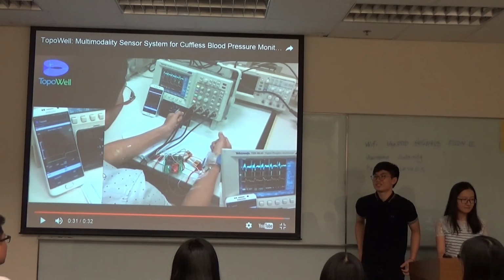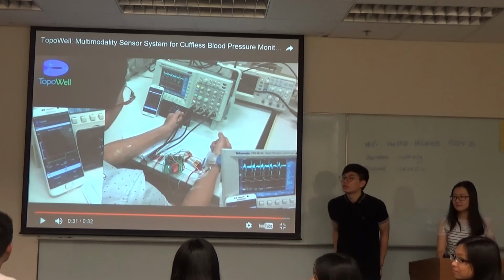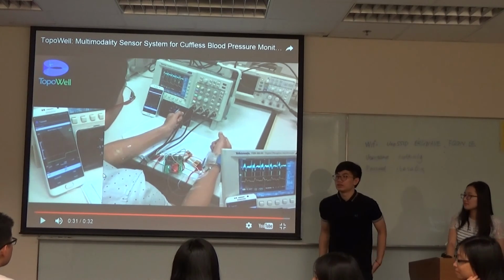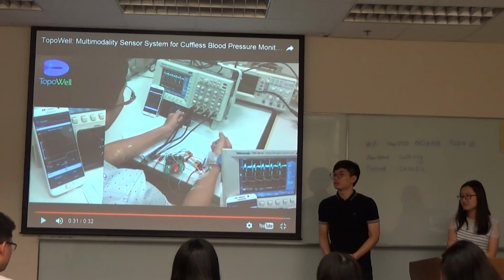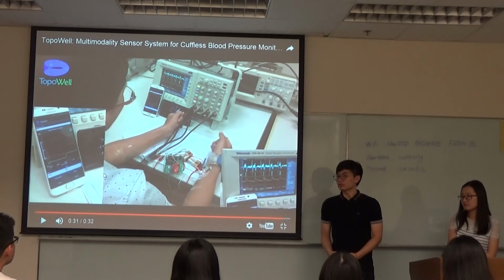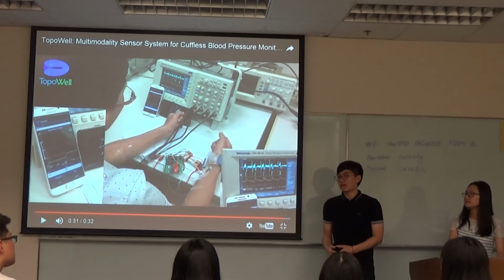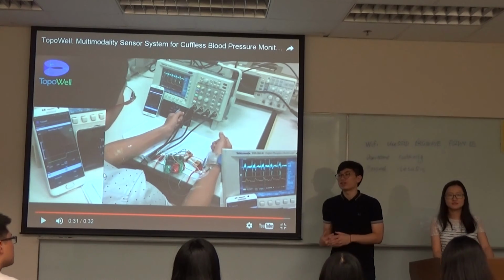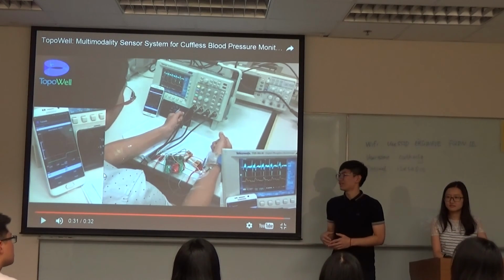Any other questions? I want to know, is it necessary to use two kinds of signals to get blood pressure? Is that because you get more accuracy, or without those two types of signals you cannot get the blood pressure? Actually, it's based on the PTT algorithm, and the PTT algorithm requires these two kinds of signals, the ECG and the human pulse.